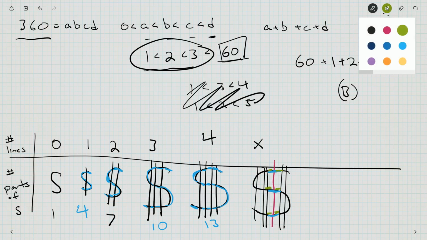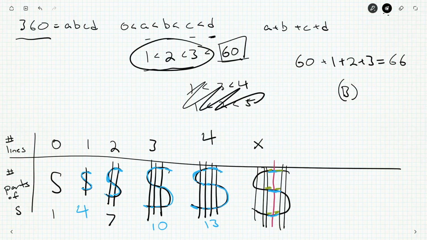So what this vertical line effectively does, wherever it happens to be cutting, is cut 3 segments in half and add 3 new segments. And that's why we're going up by 3 each time. Now, if you want an actual formula, if n is your number of lines, then 3 times n plus 1 should do the trick.